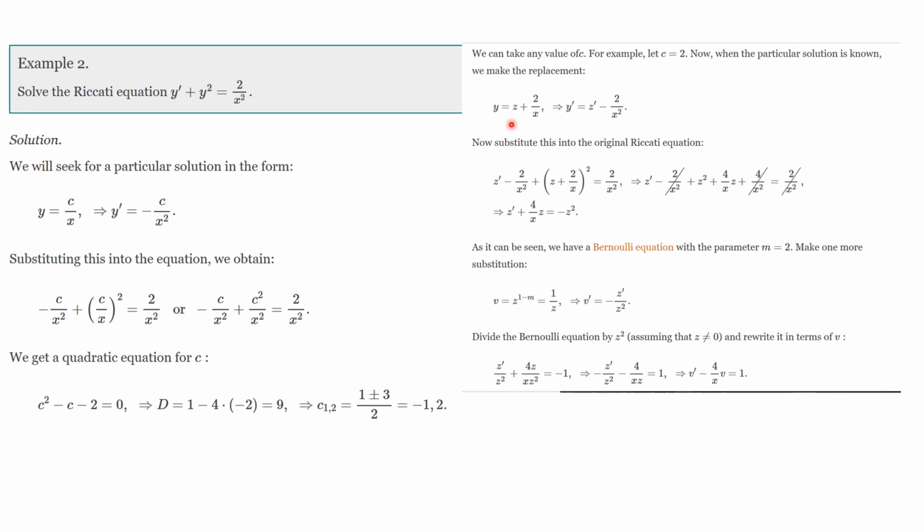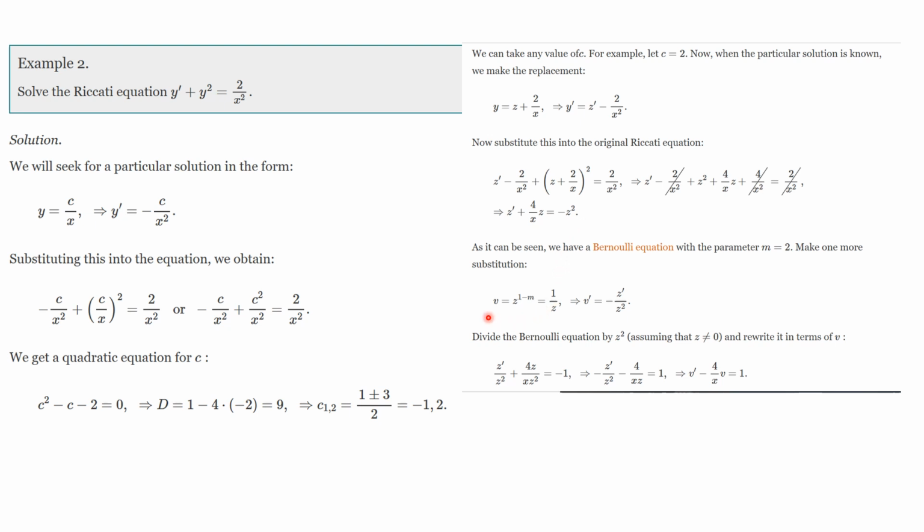So we substitute these into the original equation. And so we will get this, and as promised by the theorem that we studied, the annoying factor will cancel out, and we're left with just a Bernoulli equation with a parameter of minus 2.